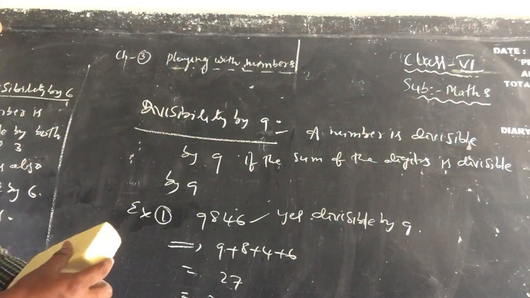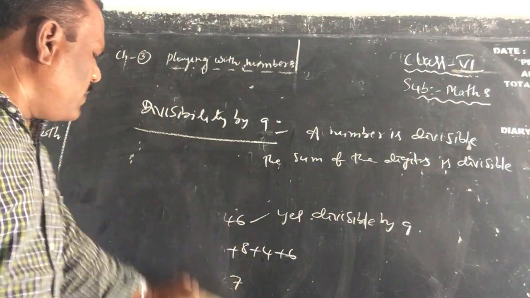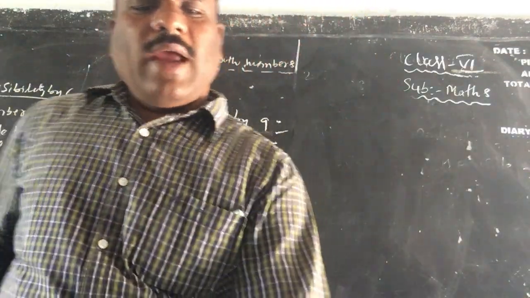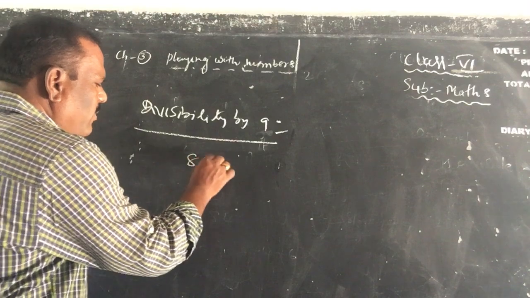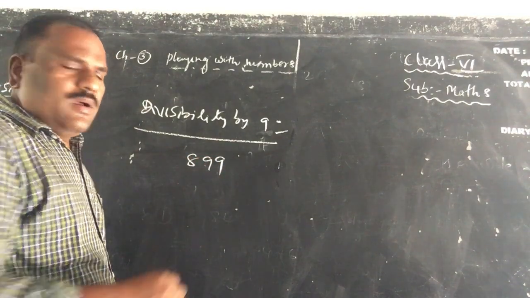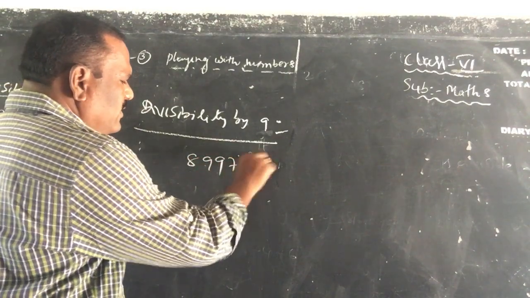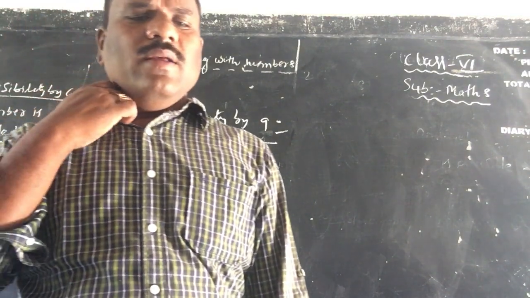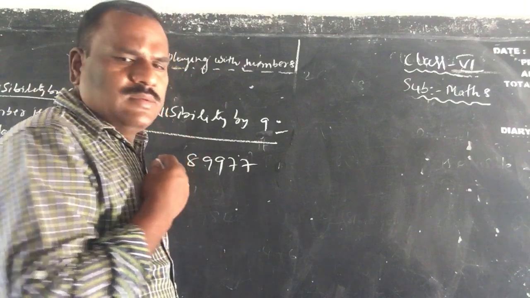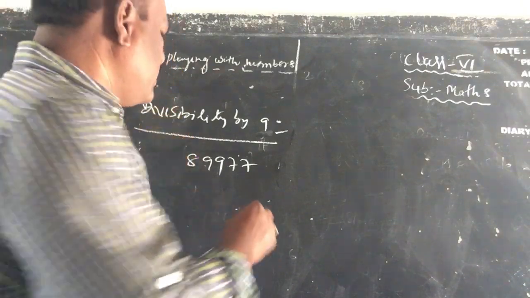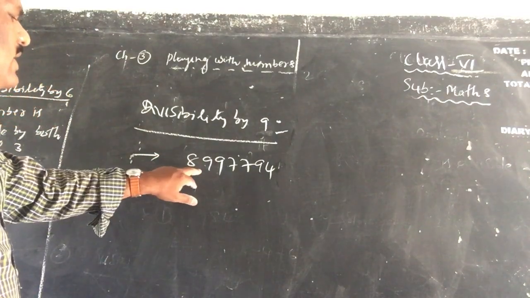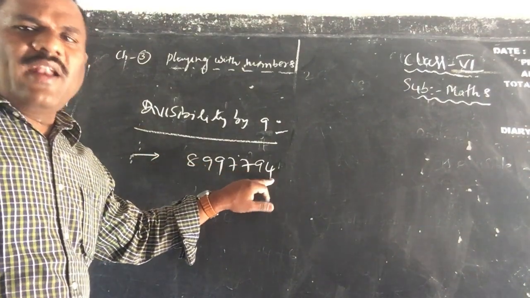Take one more example, children: 87794. Check whether this number is divisible by 9 or not.